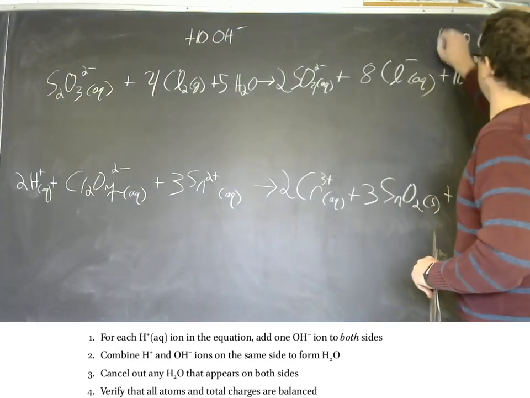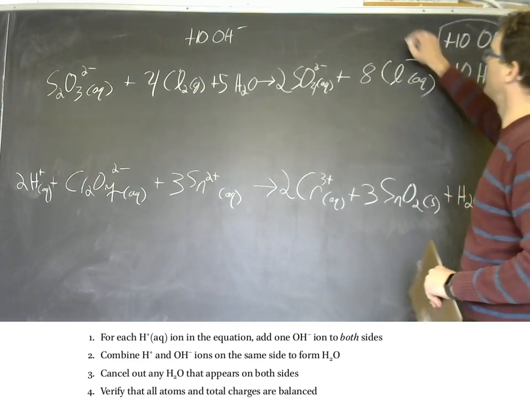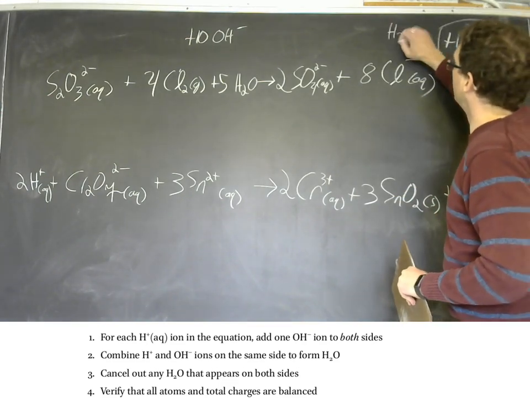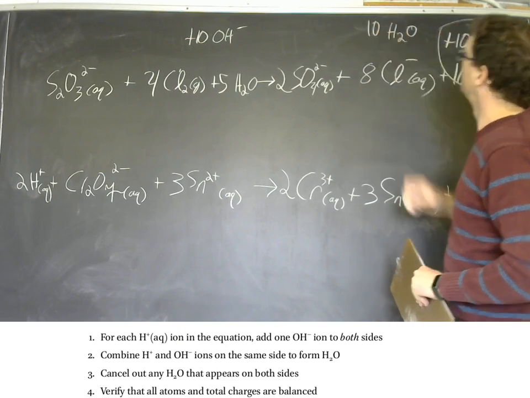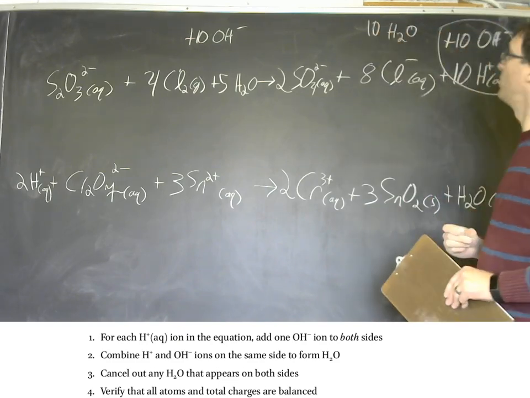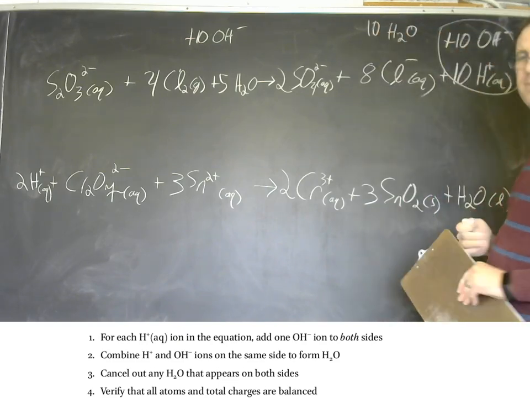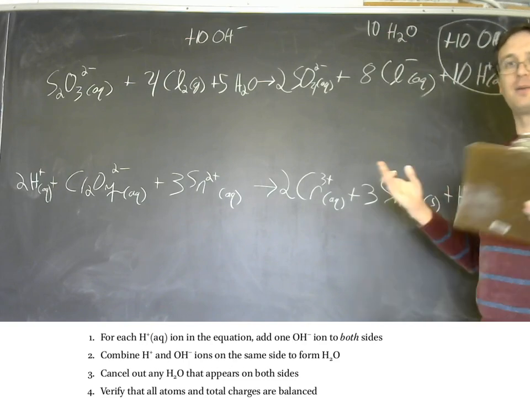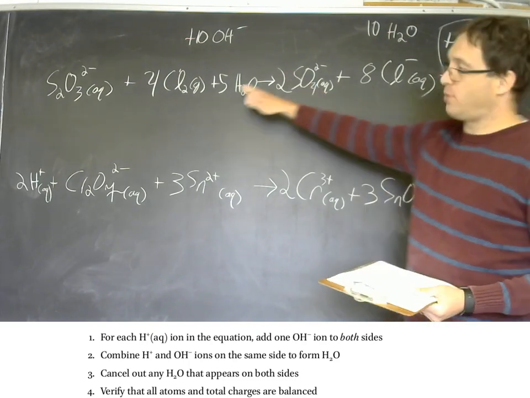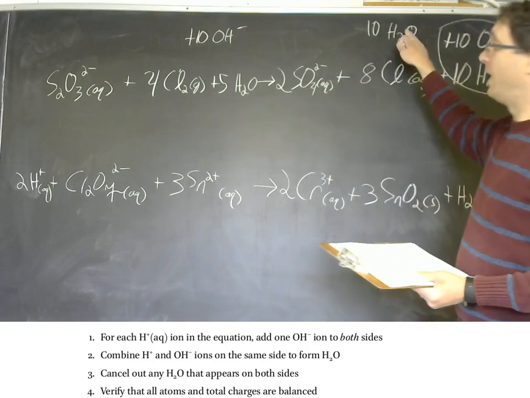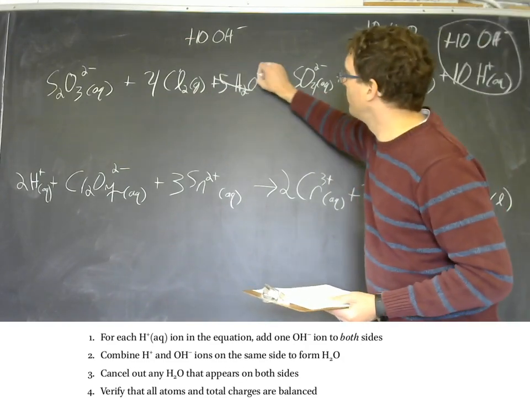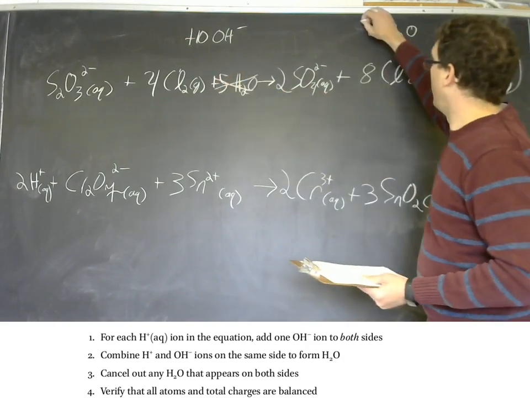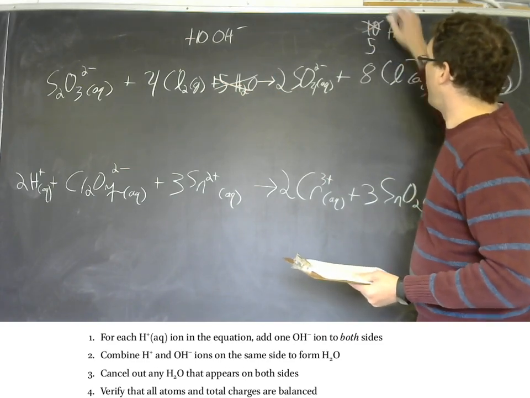So these 10 H pluses and 10 OH minuses are actually going to be 10 waters after we combine them. And then the last step is to cancel out any water that appears on both sides. For example, we have 5 waters here and 10 waters there. Well, we can eliminate those all together, and this becomes just 5 waters.